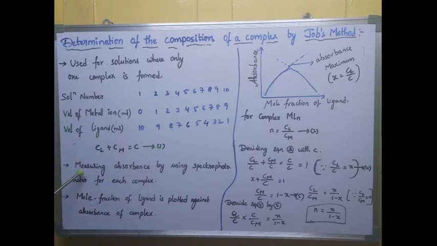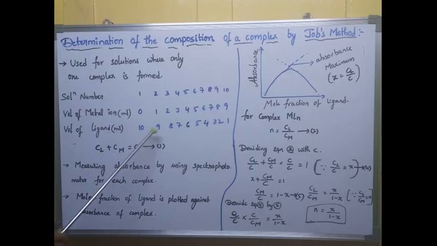Next, by keeping these samples in a spectrophotometer, I'll measure the absorbance. Absorbance is nothing but the place where the substance absorbs a maximum amount of light. Whenever the substance absorbs a maximum amount of light, those absorbance values I'll take on the y-axis.